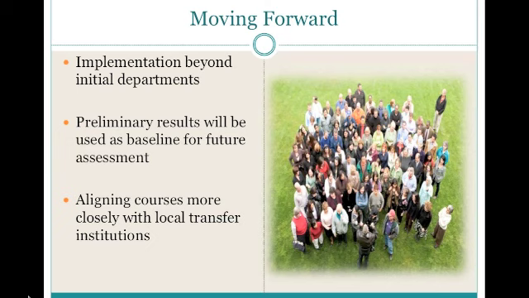And of course, then aligning our courses more closely with our local transfer institutions so that we can guarantee to those institutions that a degree from us is actually a quality degree. And the DQP project is assisting with this.